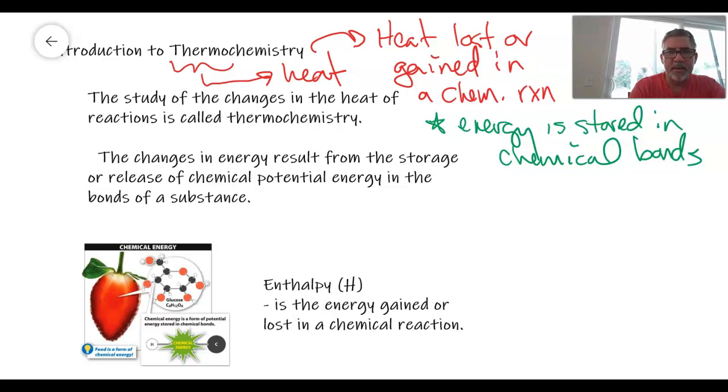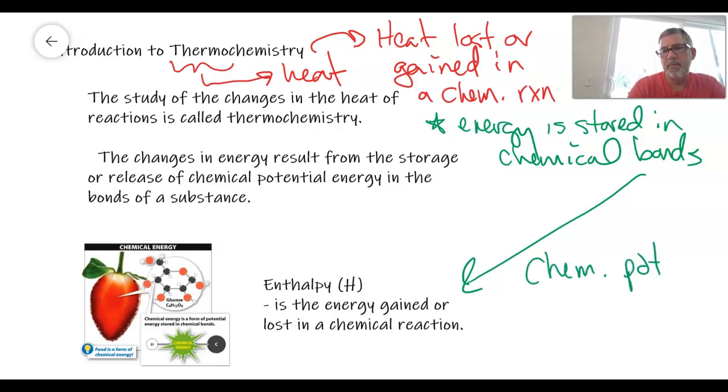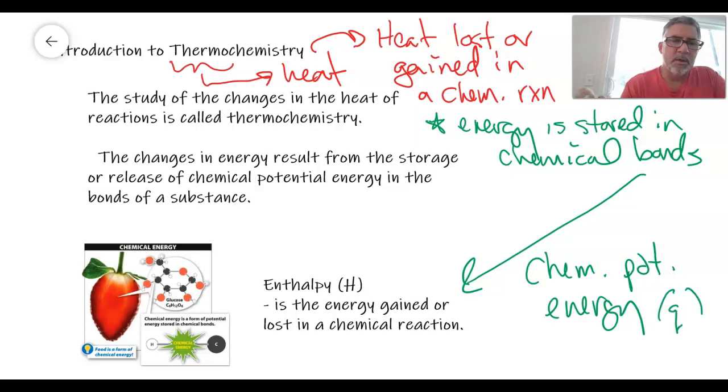So if you remember that, that was called chemical potential energy, right? And the symbol for energy is going to be Q. Okay, so when you see Q, Q means energy. All right, so changes in the storage or release of chemical potential energy in the bonds. So that's the key there. They're in the bonds of a substance.